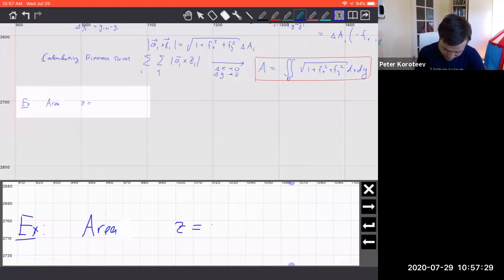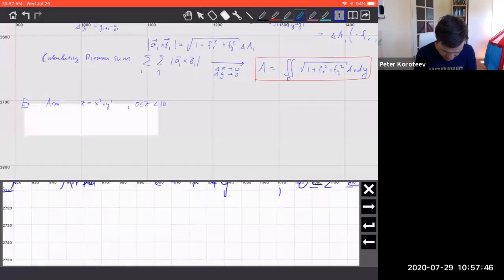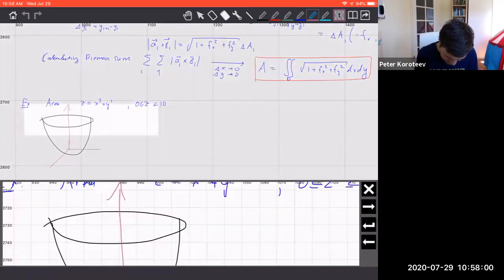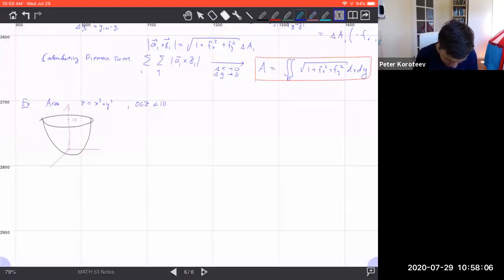z equals x squared plus y squared that lies under the plane z equals 10. So z is less than or equal to 10 and greater than or equal to 0. Here we have a paraboloid like that, right? We need to figure out which set we need to integrate over in the xy plane.